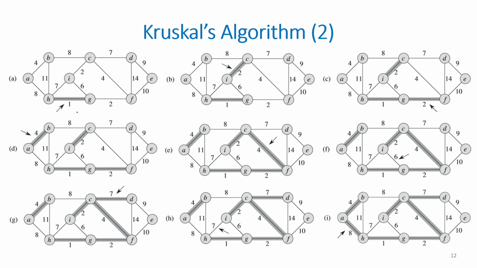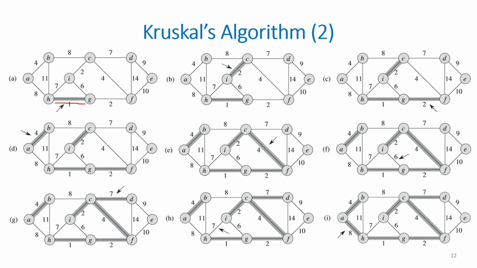If the light edge that you select connects two distinct trees, then shade that edge and put it in set A. So in figure A, we see that the node H and node G are connected by the light edge of weight 1. So we shade this and we add the edge to the set A.